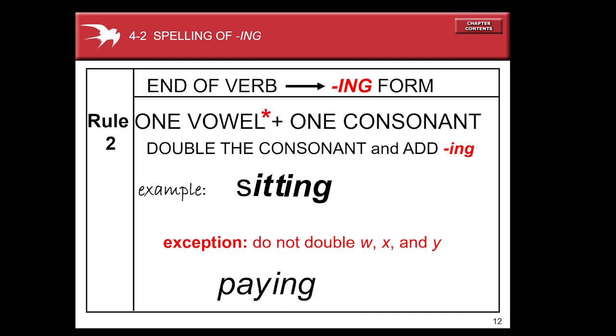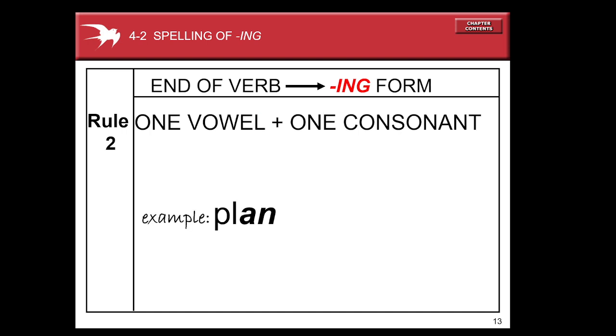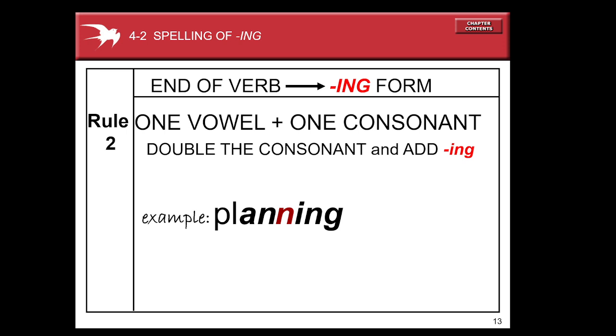The correct form is paying. You see? Just add the suffix -ing to the base form of the verb. Same thing in rule number 2 with plan. Do not forget, one vowel, one consonant. We duplicate the last letter, in this case the letter N, and then we add the suffix -ing. Plan, planning.